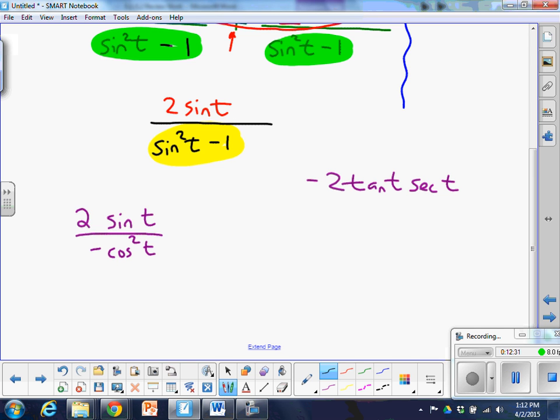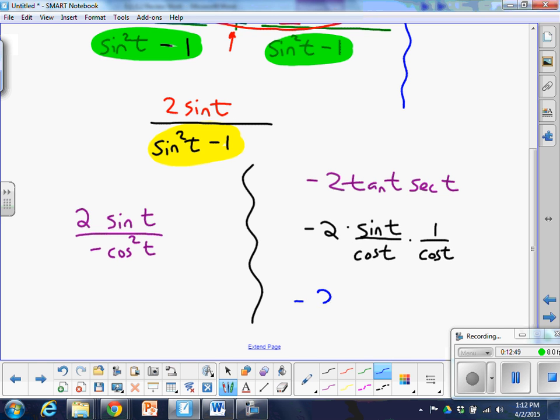Okay, so negative 2 tangent is sine over cosine, and secant is 1 over cosine. Okay, and I think we're showing these are the same here, right? Or they're going to be. Because if we multiply out one more step over here, the numerator is negative 2 sine t.